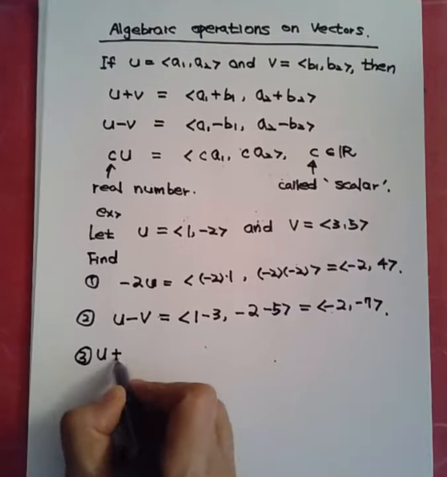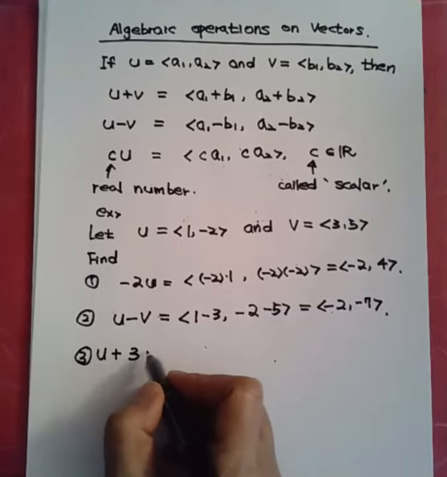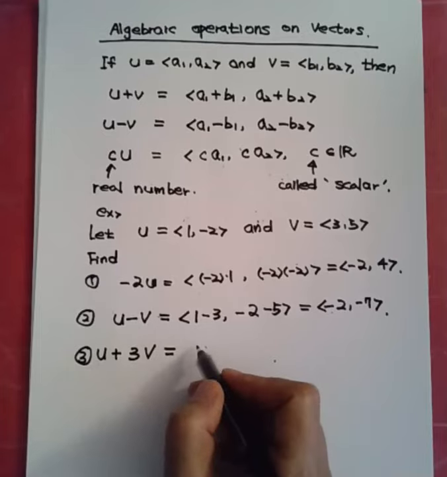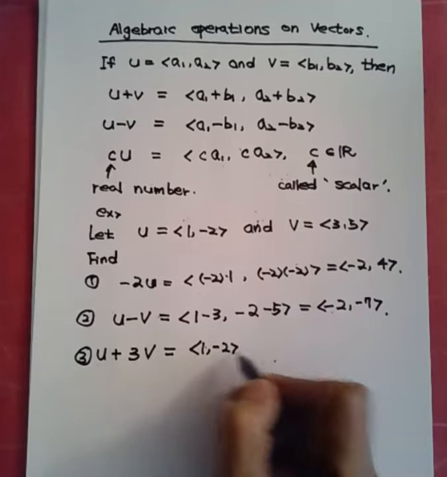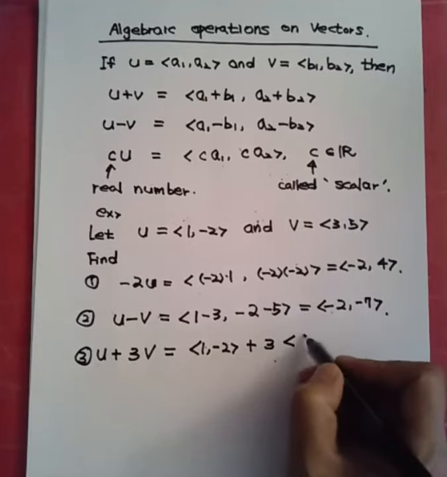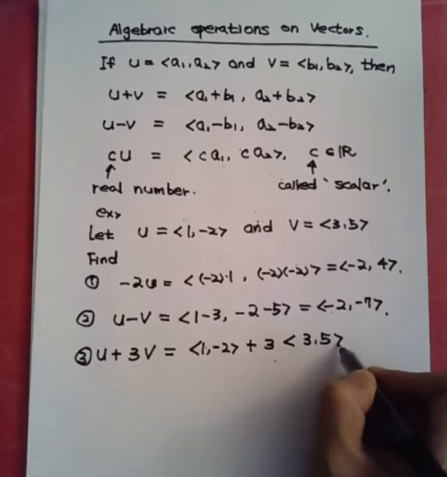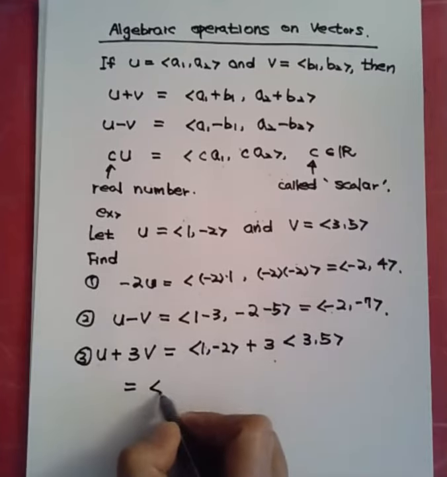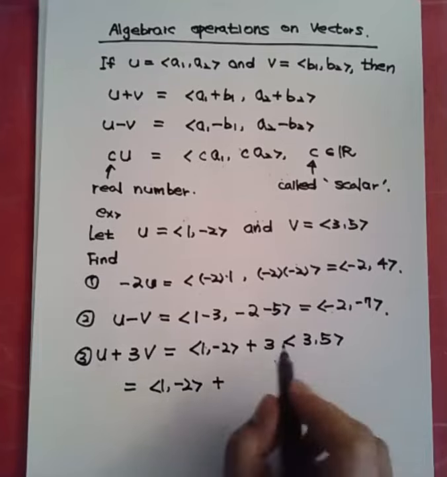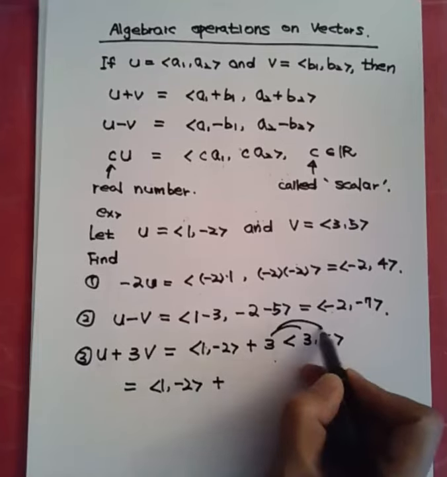In the third problem, we think about u plus 3v. u was ⟨1, -2⟩, plus 3 multiplied by v. v was ⟨3, 5⟩. Then that is ⟨1, -2⟩ plus, we do a kind of distribution.